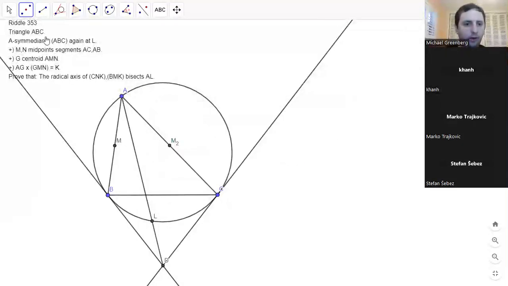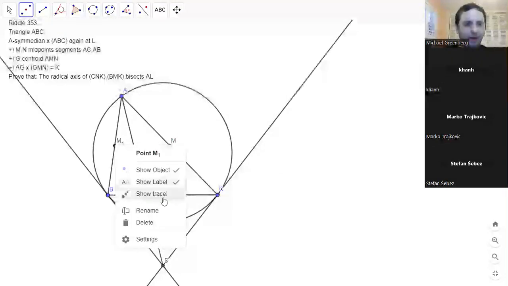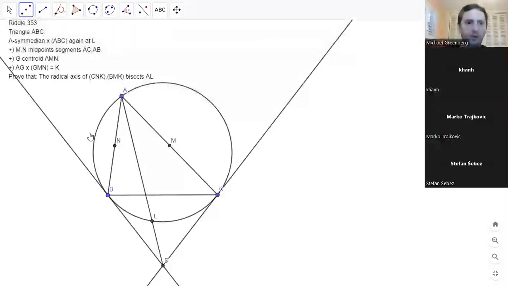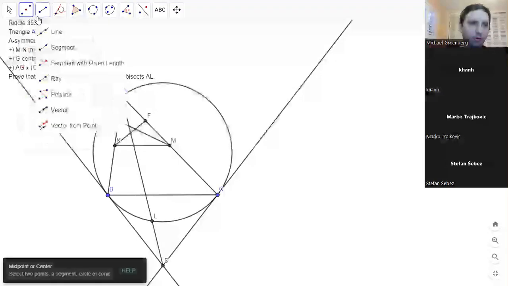We draw the centroid. Wait, I'm going like crazy here. This should be N. Okay. We draw the centroid of AMN. Should be G. That's 2/3 of the way.